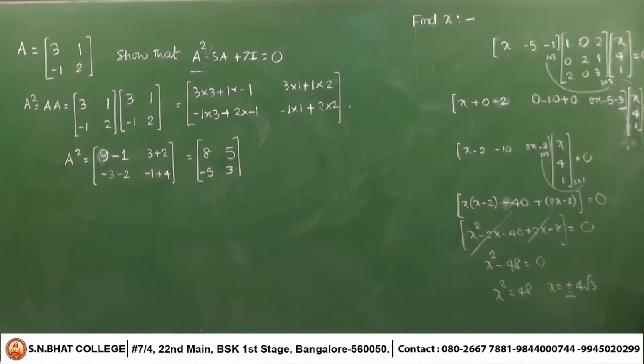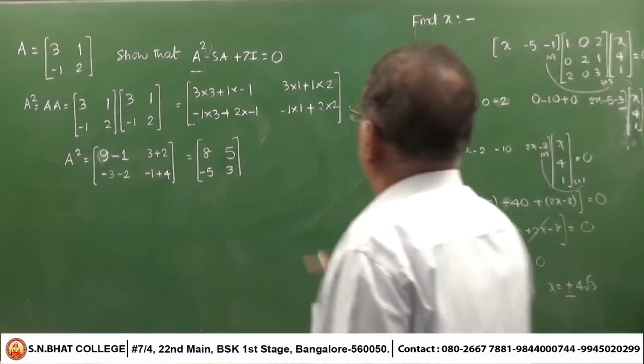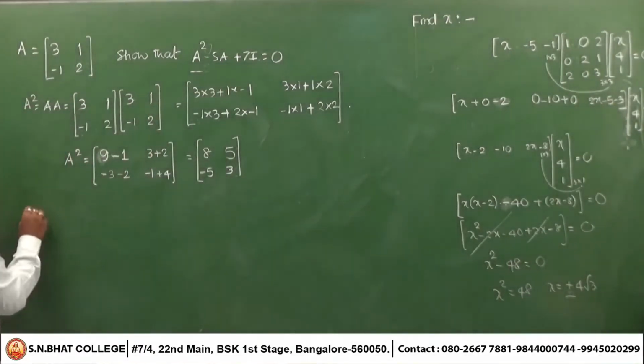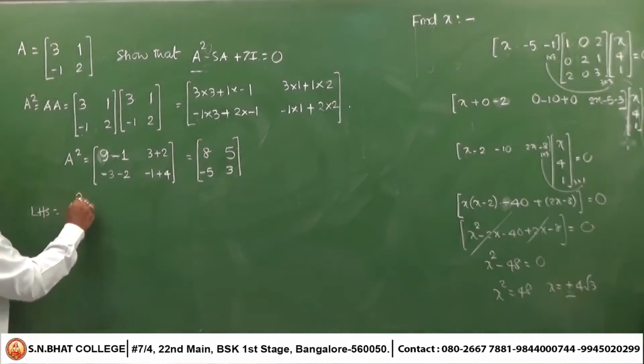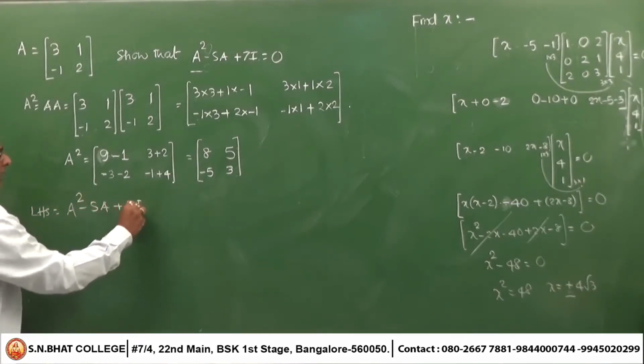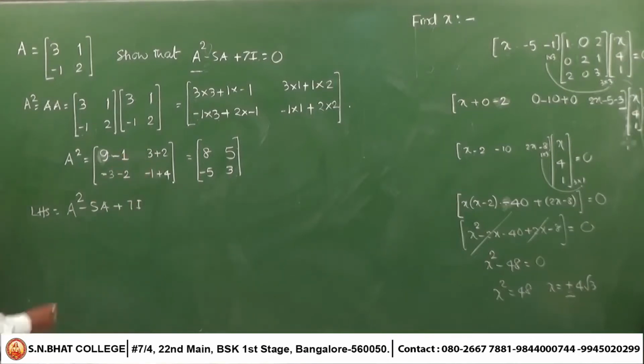Next, we have to show that A square minus 5A plus 7I must be equal to 0. We have to show that this is equal to 0. Left hand side is A square minus 5A plus 7I. 0 means you should get a 0 matrix.